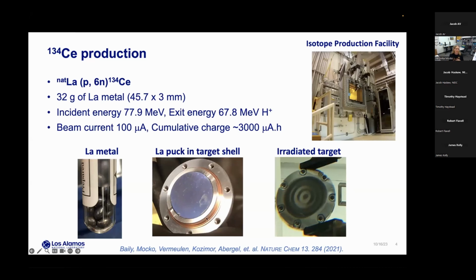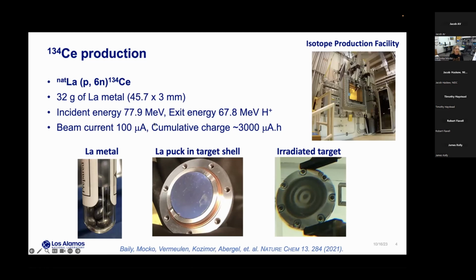This is the open encapsulation to visualize the lanthanum metal, and this is what it looks like when it's all sealed. The targets sit in cooling water, and lanthanum is a fairly reactive metal that can oxidize easily, so it has to be encapsulated for the irradiation.